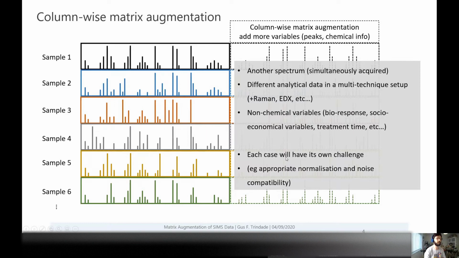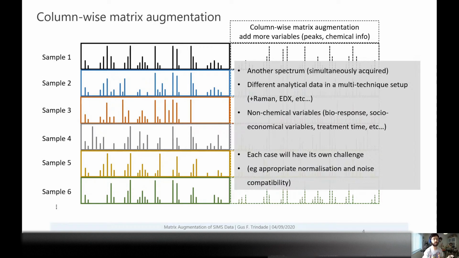In each case you have its own challenge, and mostly when you combine things like this, you have to be careful about appropriate normalization. Let's say in your SIMS, if you combine SIMS and Raman, for example, the maximum or average peak intensity in SIMS is 10,000, and in Raman it's 100. This is a huge difference. So you have to think of ways to normalize the data set before you do the matrix augmentation.